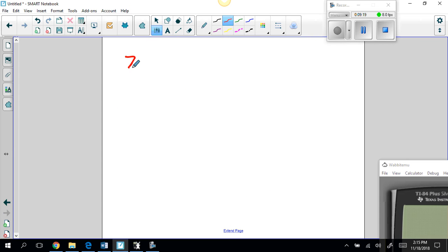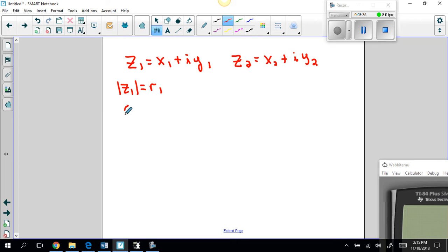So if you got some z1 to be x1 plus iy1, you got some z2 to be x2 plus iy2, we know there's some modulus z1, which is really the radius r1, and there's some theta 1 associated with the x and the y, where there's some modulus z2, which I'll call r2 because that's what it is, and there's some angle theta 2.